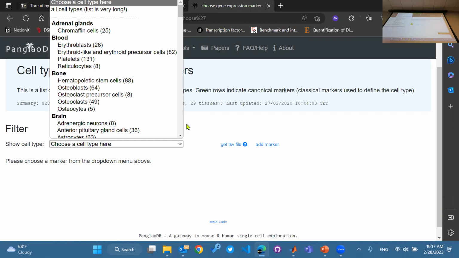So G1 is the average expression of gene 1 in cluster 1, plus G4, plus G6.